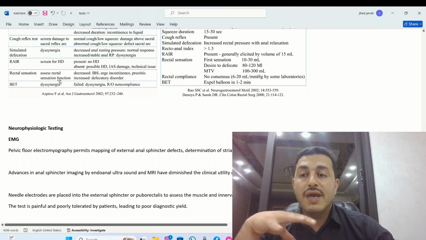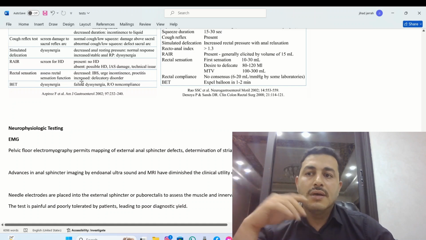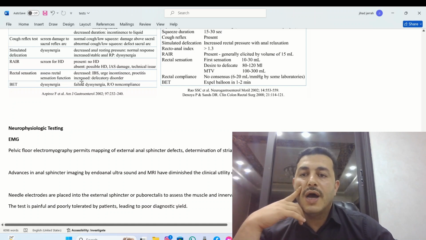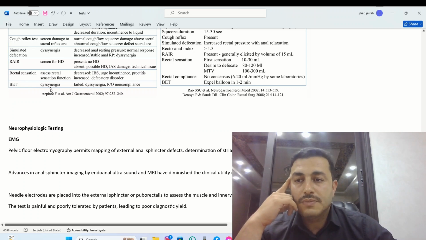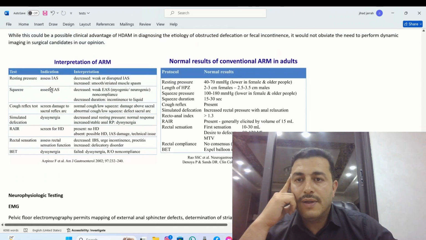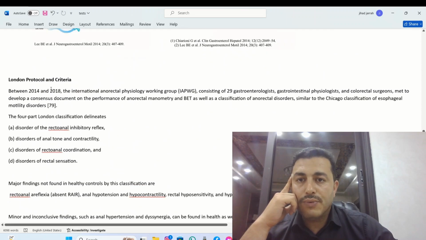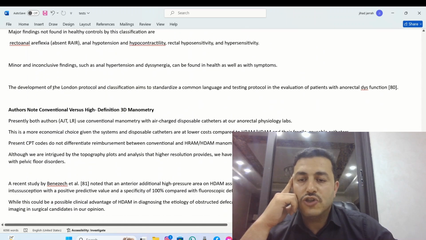While if we have increased sensation or hypersensitivity, this may lead to defecatory disorder. Balloon expulsion test may test dyssynergia and also the defecation problem, obstructed defecation.